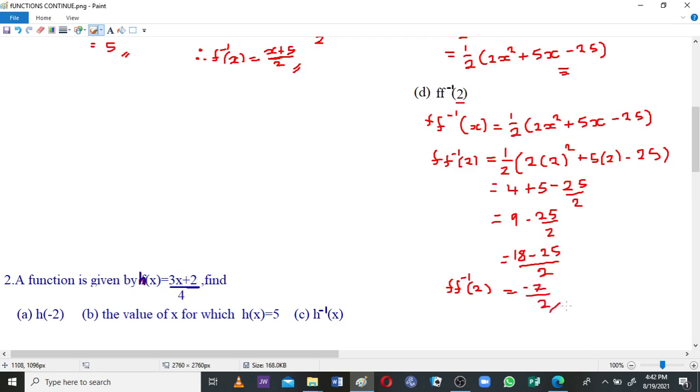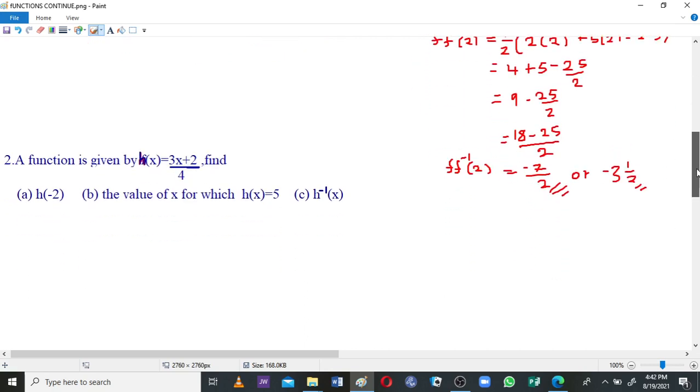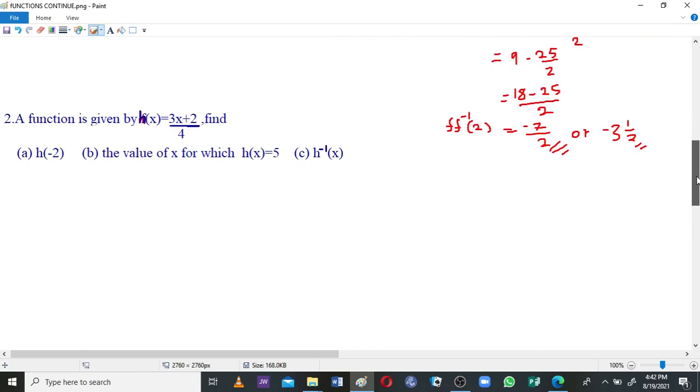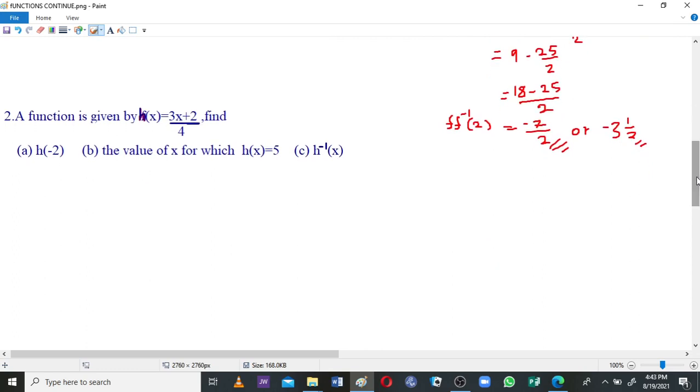Or if you don't want to write this, you can still write this as negative 3 whole number, remaining with 1 over 2. Either way this will be fine.